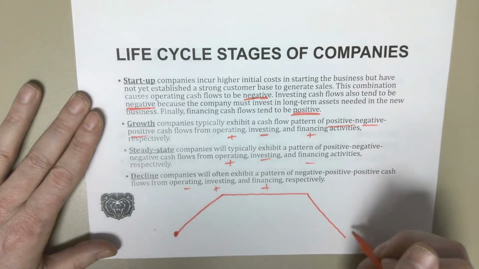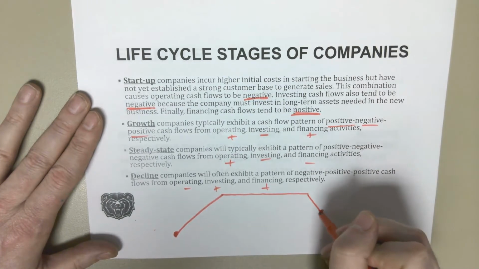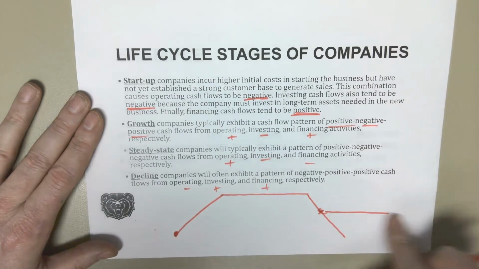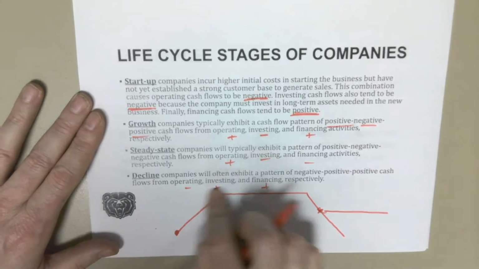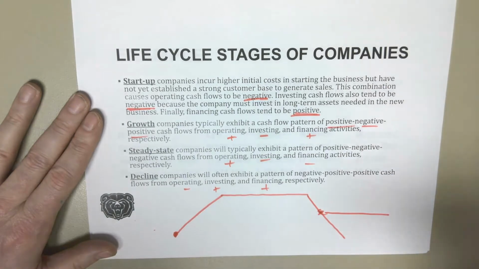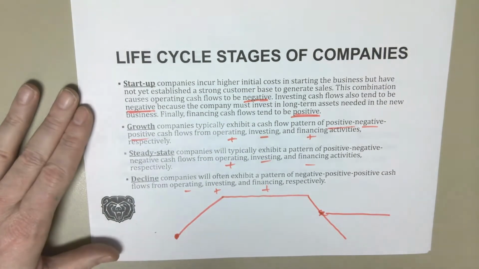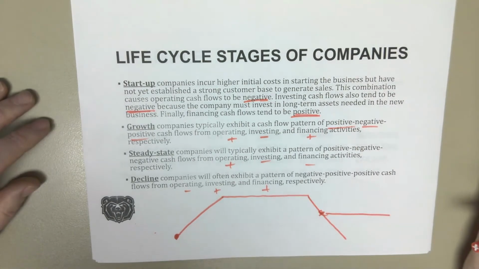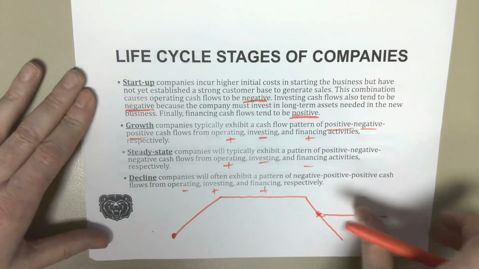Or get back to a steady state stage. Maybe you're here in the life cycle and you just want to remain steady. So you're financing more and more to try and get back in that steady stage. Maybe you are selling off some of your assets you don't need anymore. Maybe some of that equipment that you used is outdated and you don't need it anymore. So you're selling it off, right? So just be familiar with those.